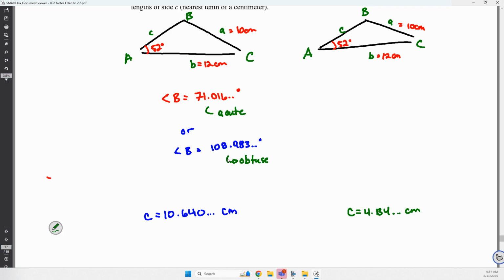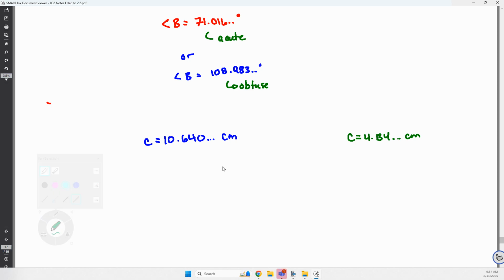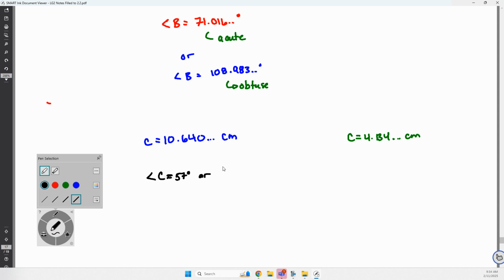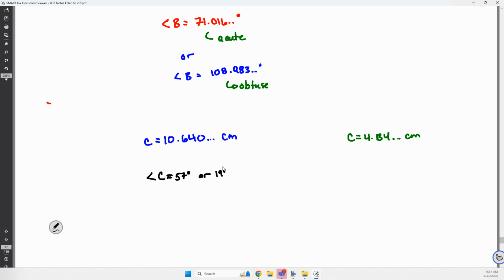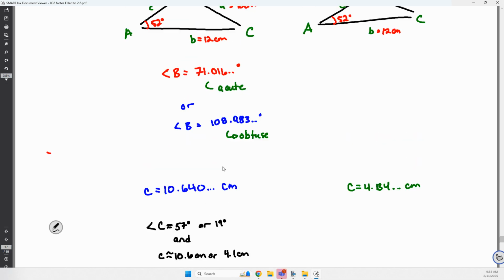Okay, so our final solution would look something like angle C is roughly equal to 57 degrees or 19 degrees, and side length small c is roughly equal to 10.6 centimeters or 4.1 centimeters based on what we got here.